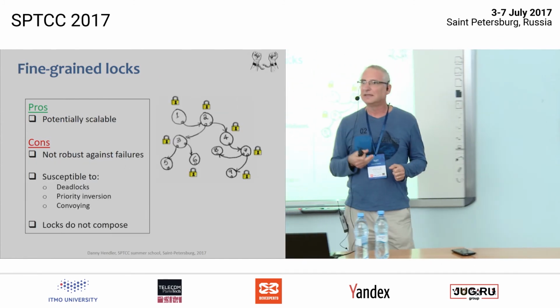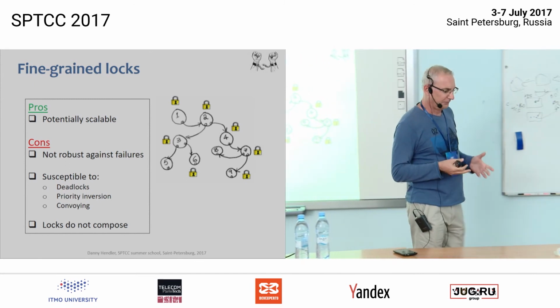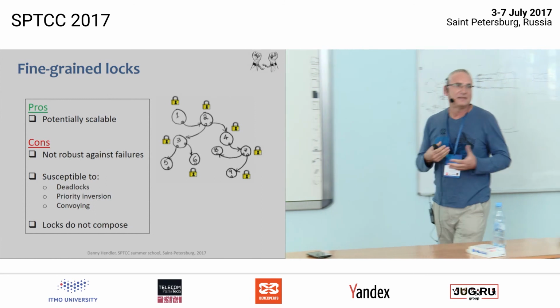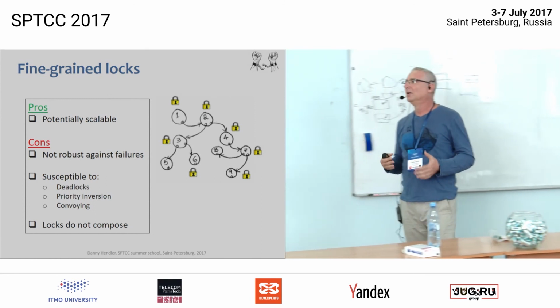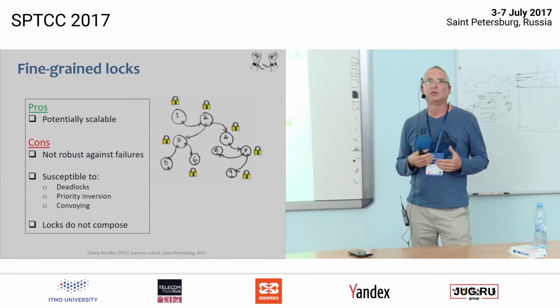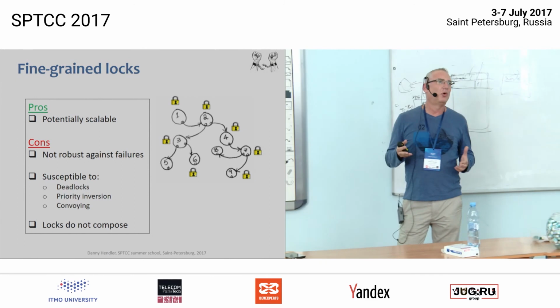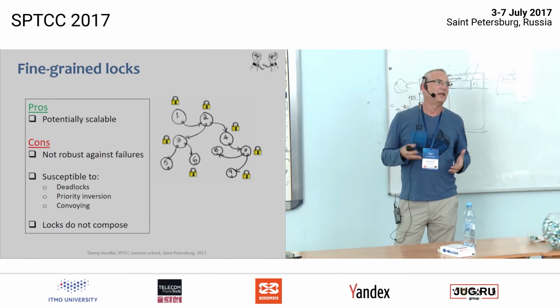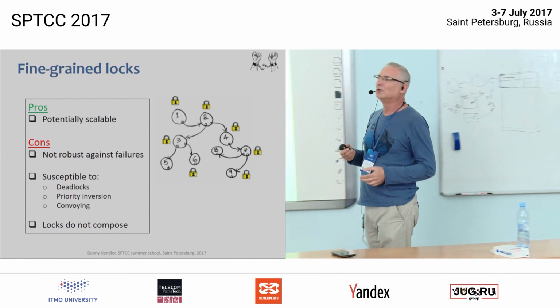And at the other extreme, we have fine-grained locks. So we can either protect every small subset of our data structure with a lock, or protect very small portions of the code. And this is more scalable. Indeed, many program in this manner. It can yield good performance. But on the other hand, it's not robust enough.